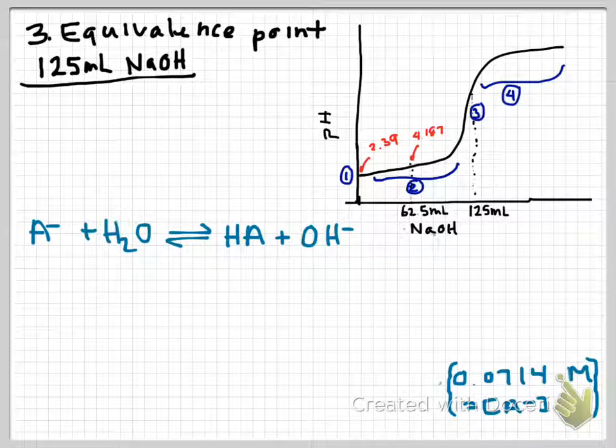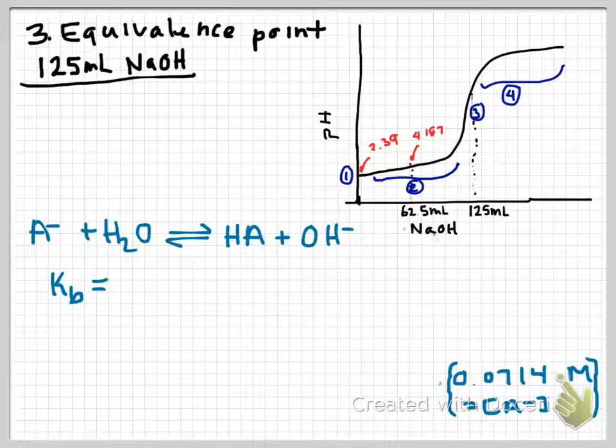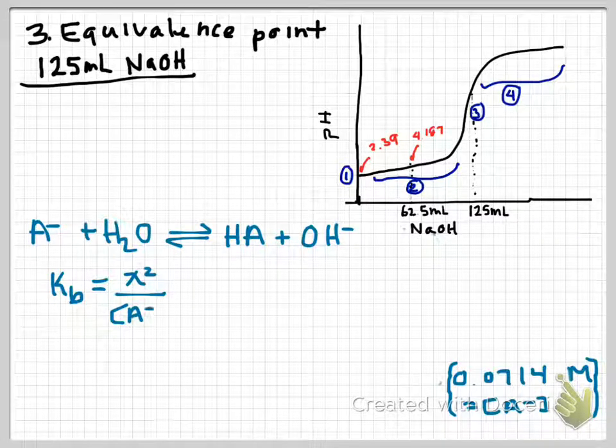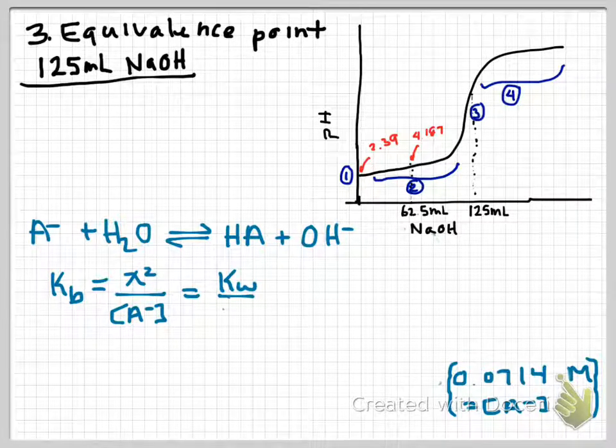Again, looking at an ICE table, we can solve it, or we can remember that the solution to this is Kb equals X squared over my A minus concentration. And remember, Kb is equal to Kw divided by Ka.